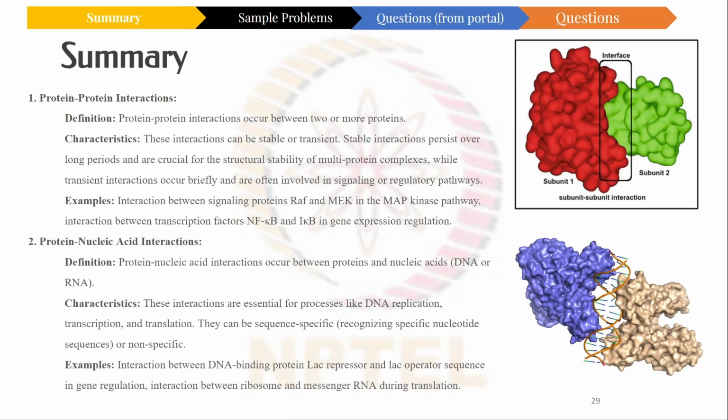Here we have sequence-specific interactions and non-specific interactions. Non-specific interactions occur when proteins bind to nucleic acids in a more general manner without any strict sequence specificity. And we have sequence-specific interactions, where proteins recognize and bind to specific nucleotide sequences within DNA or RNA molecules.